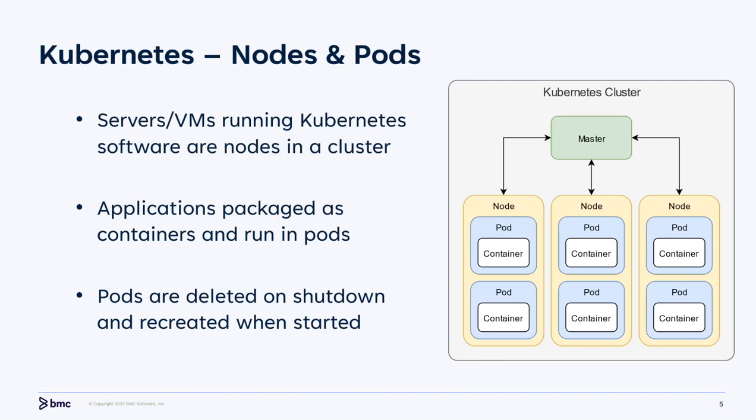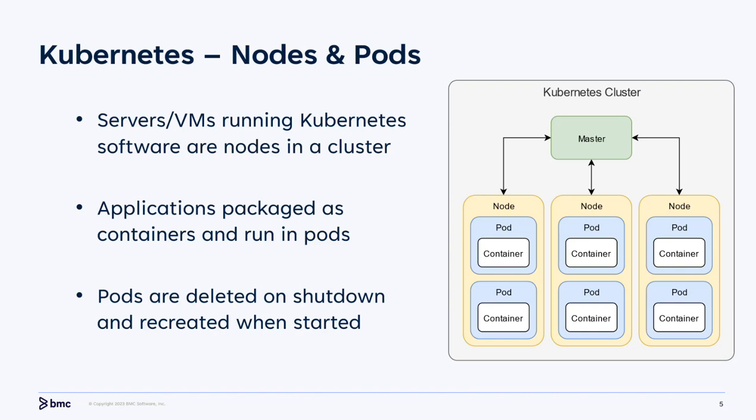Applications are no longer installed from individual setup programs. BMC does all that work for you and provides you with a set of container images. The applications are packaged as part of those. Those are deployed into your Kubernetes cluster, and they are run as what are called pods. The diagram on the right tries to show a little bit of that.